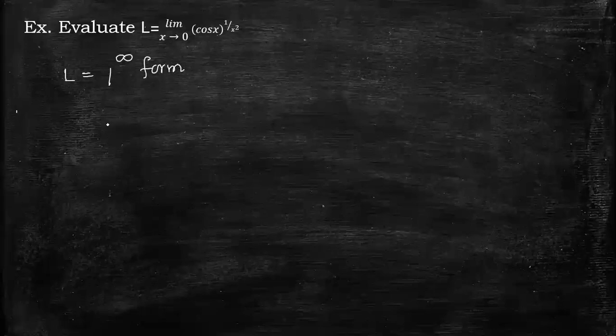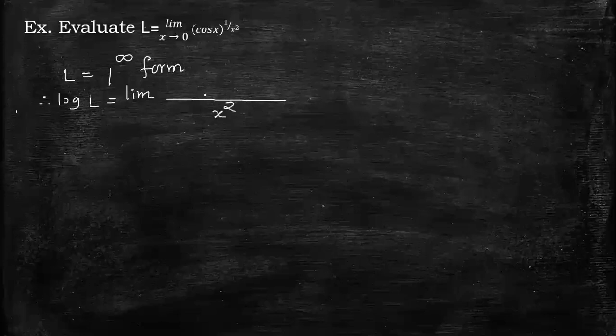So we are discussing problems of all the varieties. Let us take logarithm. Log of L equal to limit 1 upon x square into log of cos of x as x tends to 0.